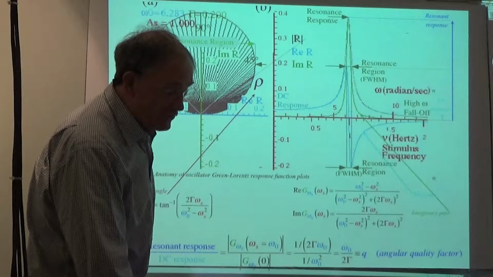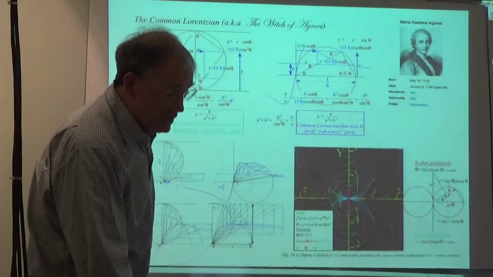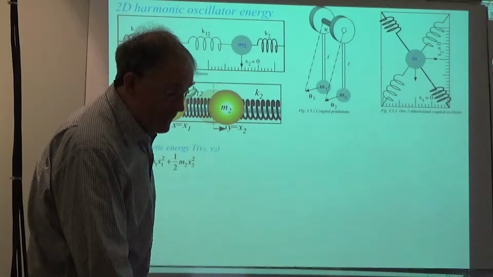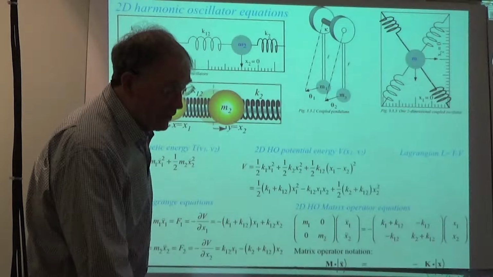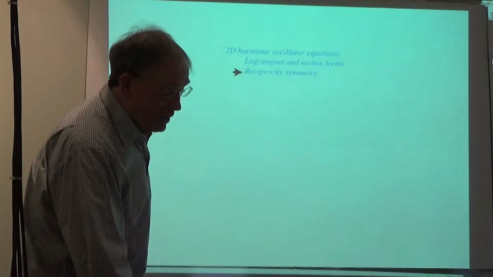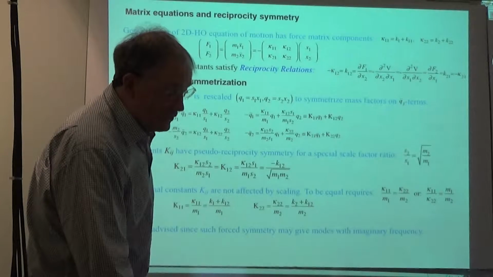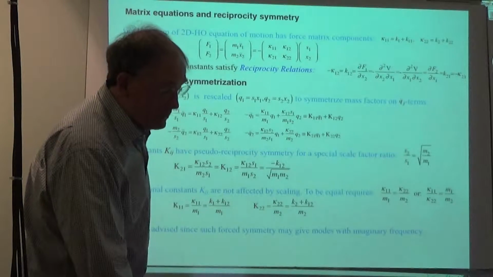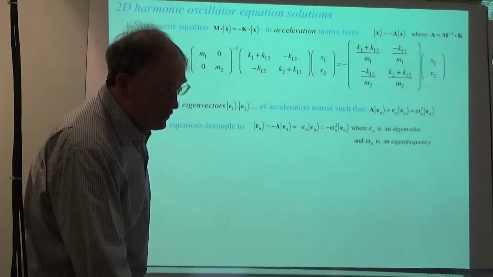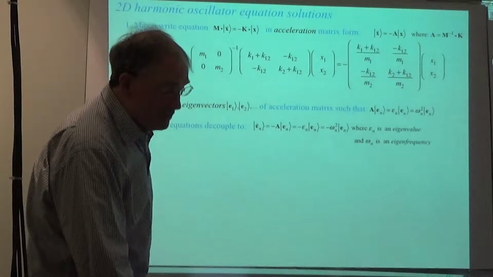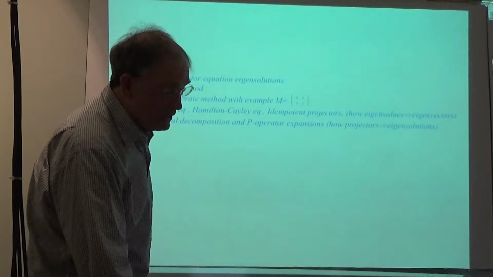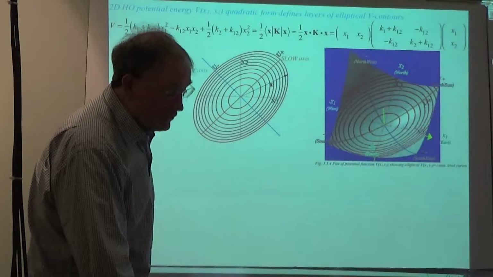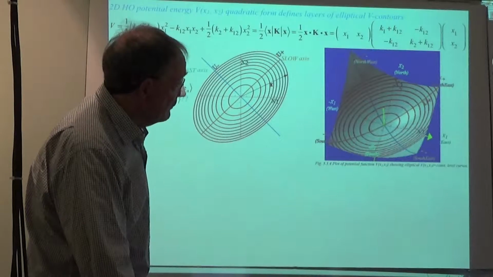What we considered last time was resonance, and we'll come back to discuss that. Now, what we did also last time was develop Hamiltonian Lagrangian matrix equations for these coupled oscillators, a symmetrization procedure that's somewhat weird, and then the actual equations of motion and the idea of finding eigenvectors geometrically by looking at the potential.